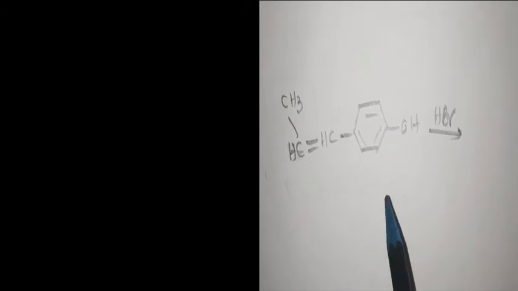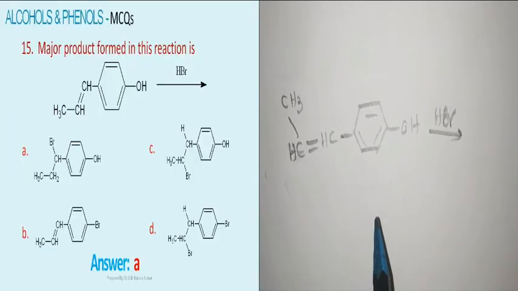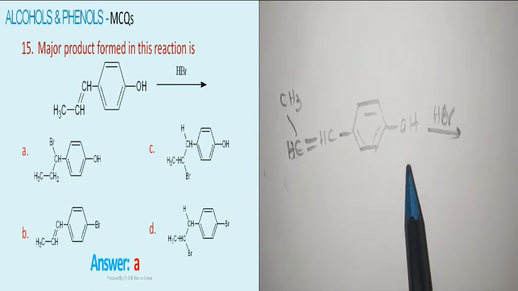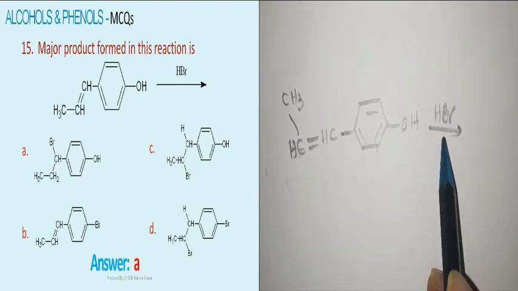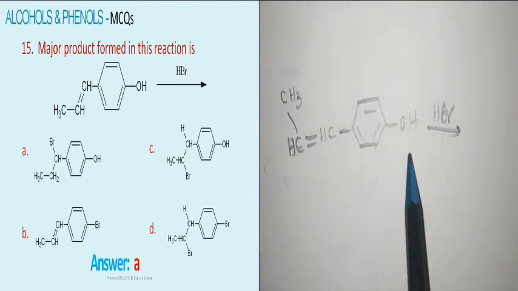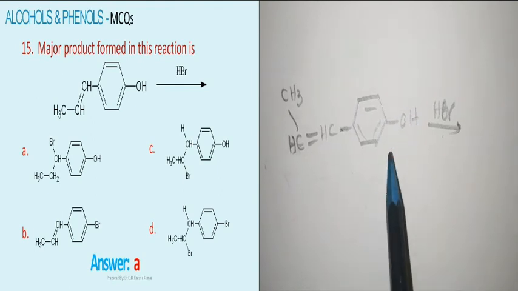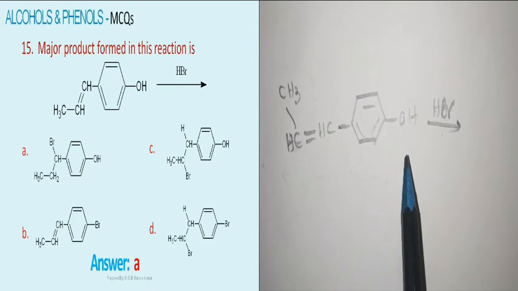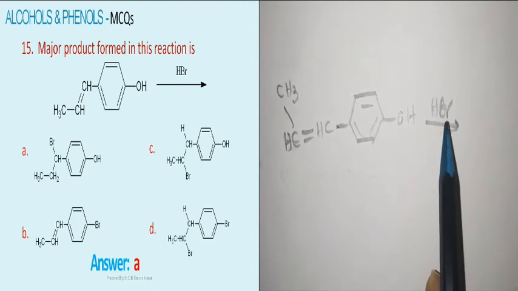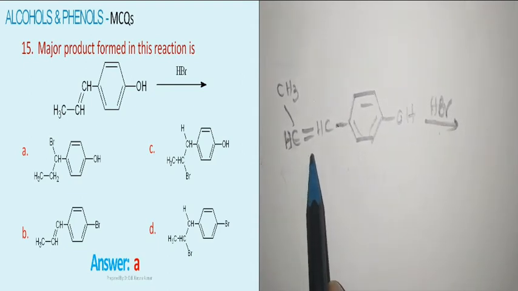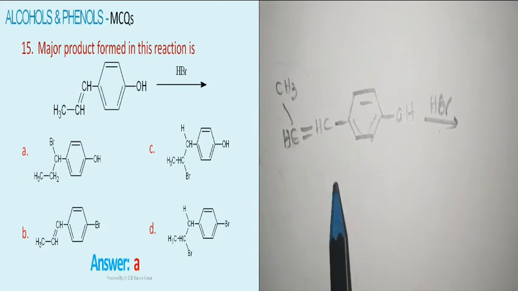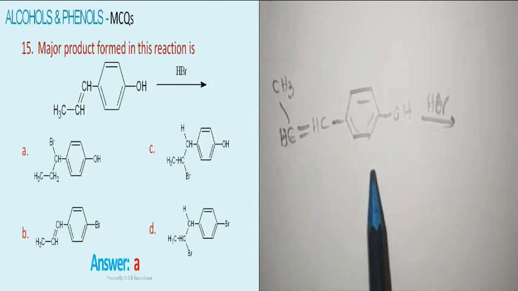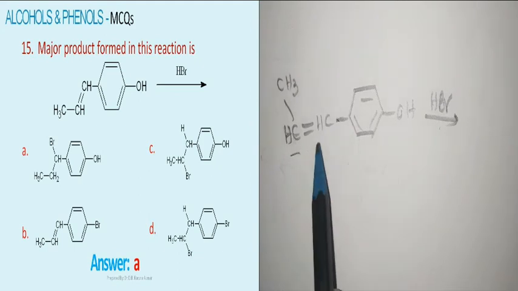In this question, he is asking the reaction of this compound with HBr. Though we could see a phenolic group here, this is a question that requires our previous knowledge of Markovnikov and anti-Markovnikov rule, that is addition of HBr to an alkene.